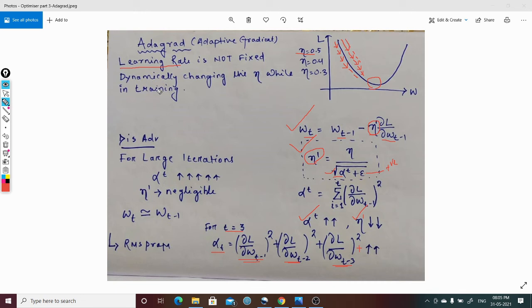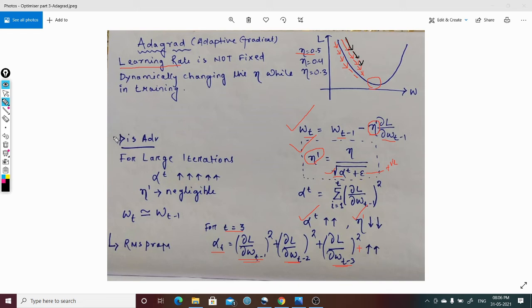It basically means that in the initial stage it will have this much step size, and as the iterations increase, it will slowly try to converge with less step size. I think you got my point. So this is all about Adagrad. We are just manipulating the learning rate.